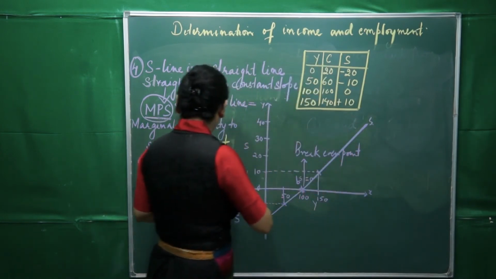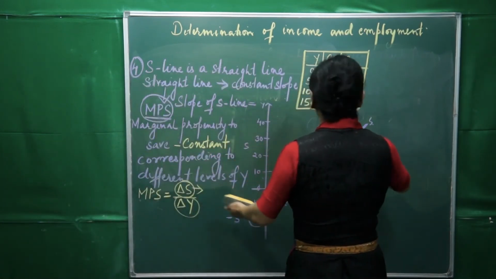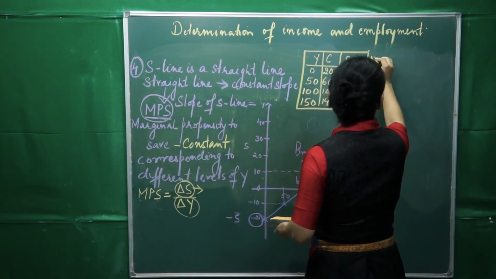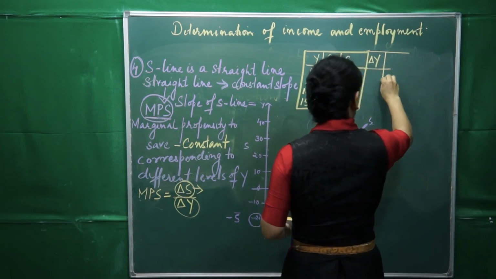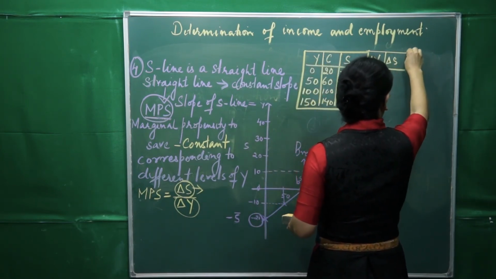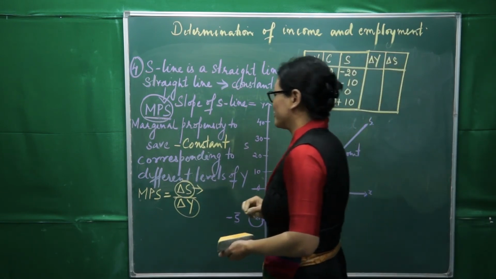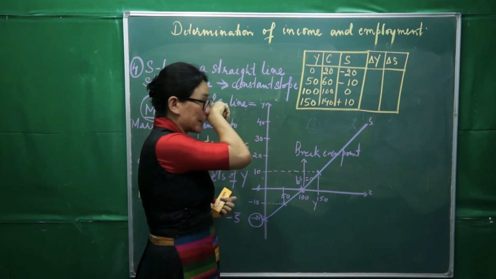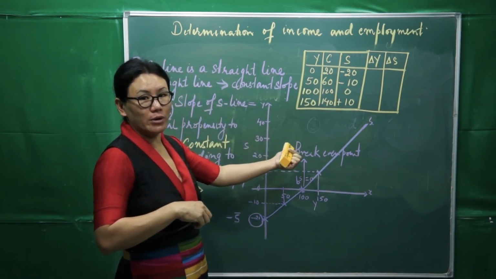Now we go for MPS calculation. For that we initially require change in Y and change in S, the same thing we have done, what you have seen in consumption function. Same thing will go in this also.